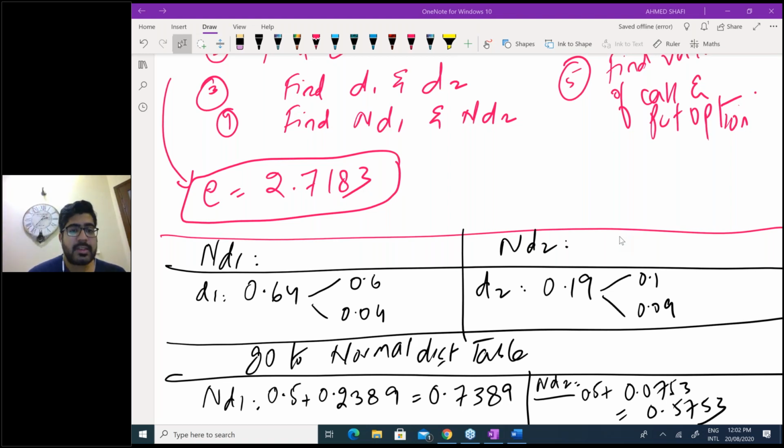Whatever the number is, since your D value was negative, deduct it from 0.5. We just knew the abbreviations. It's given in the question. PA is the current share price and PE is the exercise price. Both will be given in the question.